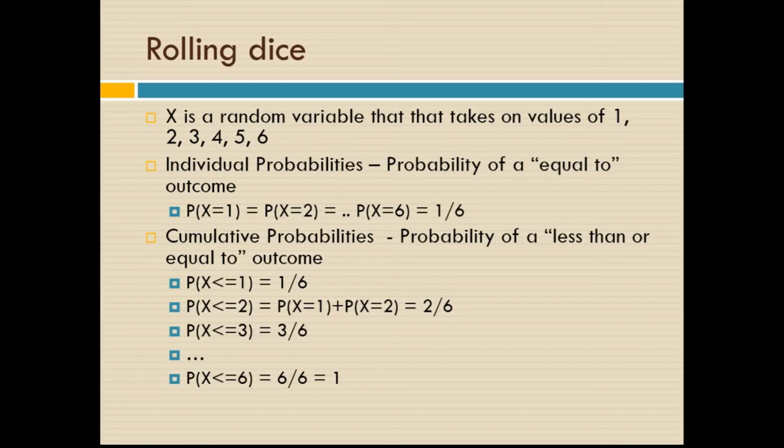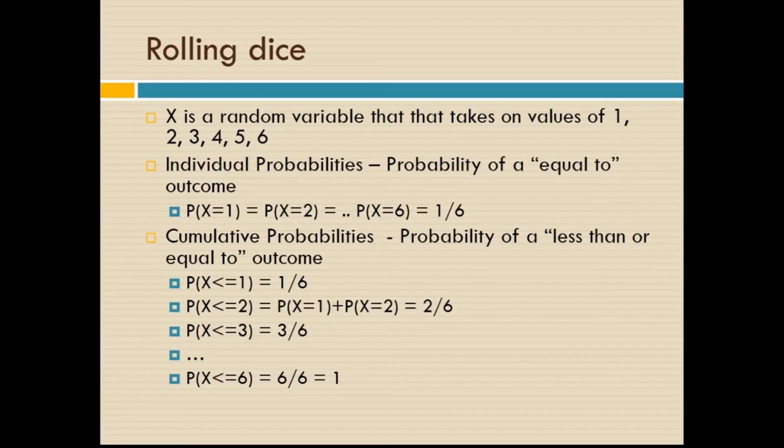Keep in mind, this is a legitimate probability because it is a number between 0 and 1, 1/6, about 16 or 17%. And the other thing that makes it a probability distribution is that if you sum 1/6 for all 6 outcomes, you get 1. Those two properties make it a probability distribution.